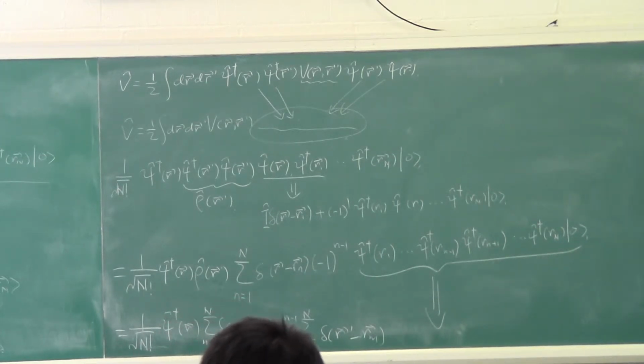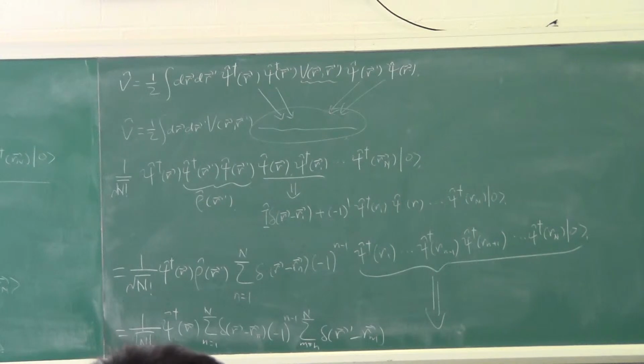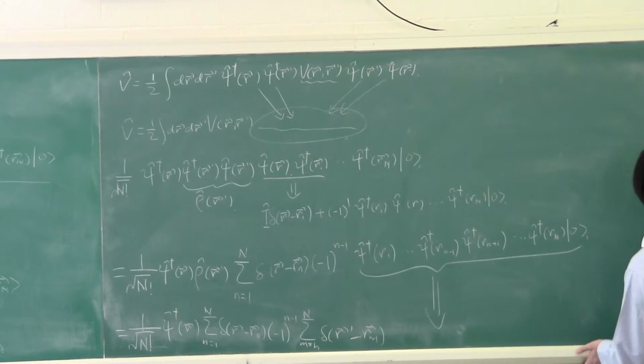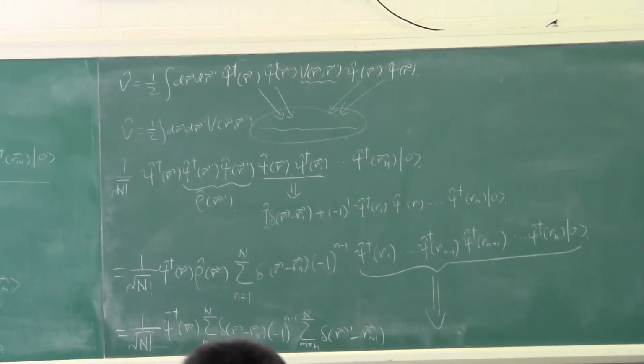Okay, so what was that again? Let me do it explicitly. Okay, so we have square root of n, sum over n equals 1, excluding the n, sum over m not equal to n, delta r prime minus rm.